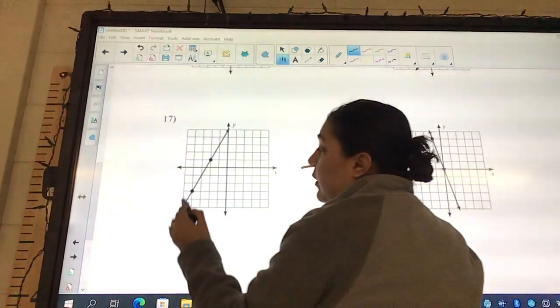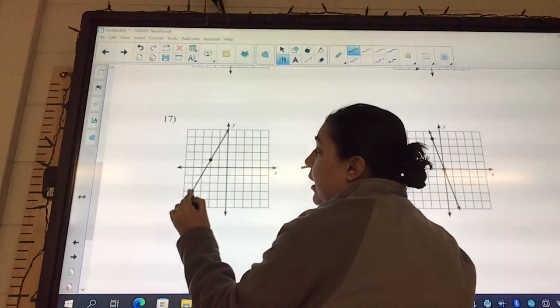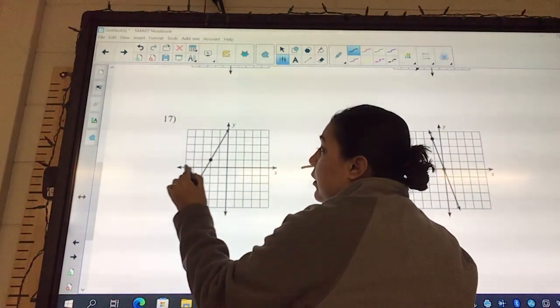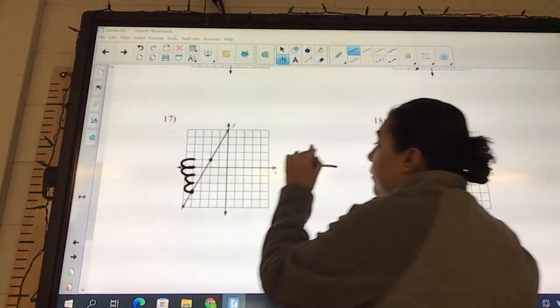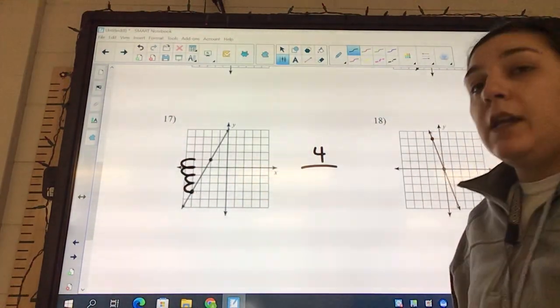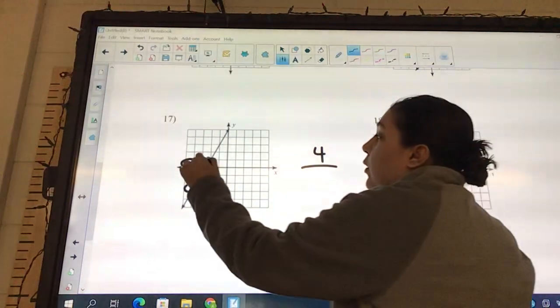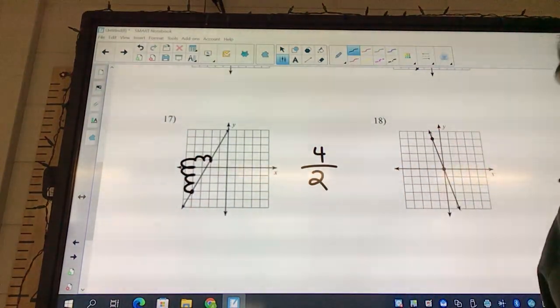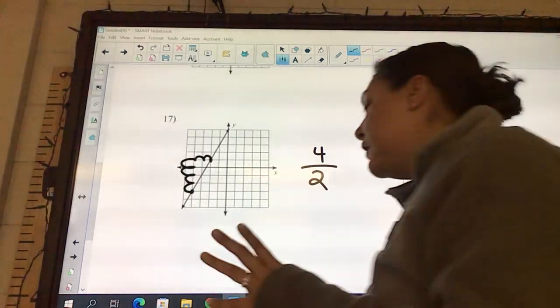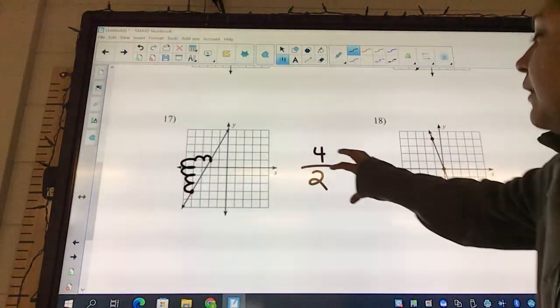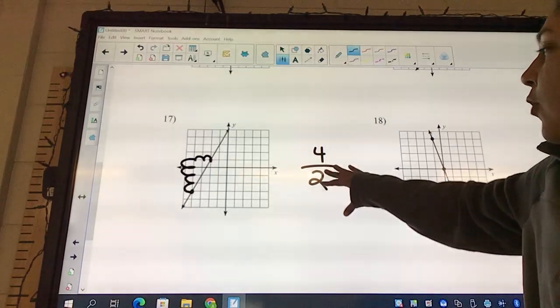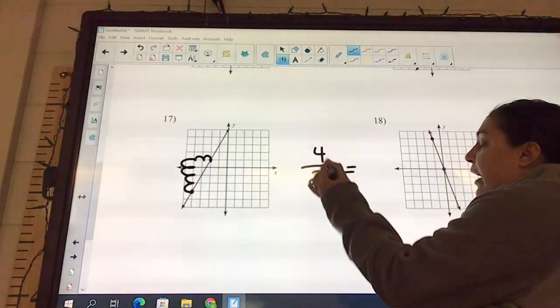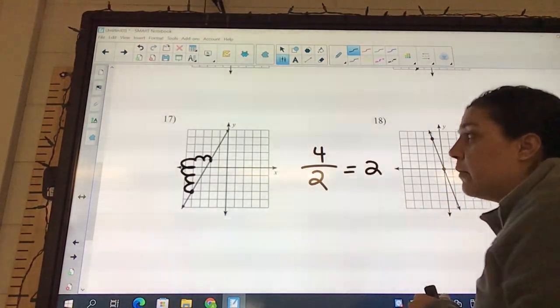17, we start from the lowest point and ask how much we rise: 1, 2, 3, 4. Then how much do we run? 1, 2. Now, I would say reduce, but because it's the first day, I'm going to say not. You can though: 4 over 2, if you type that in your calculator, is really 2.